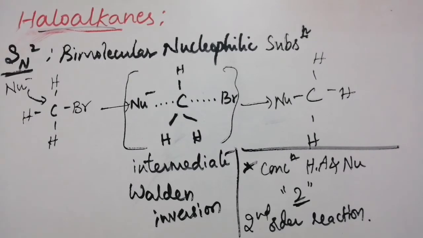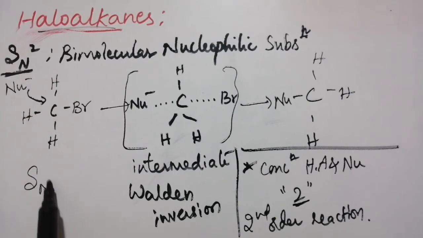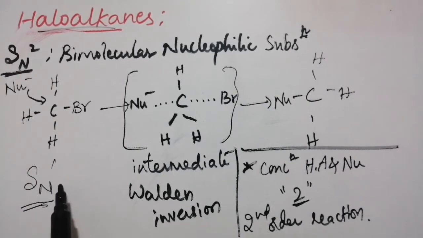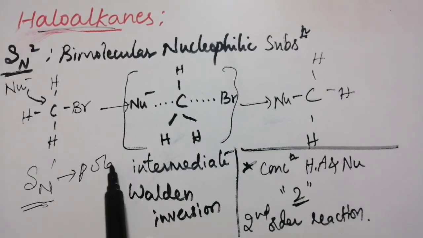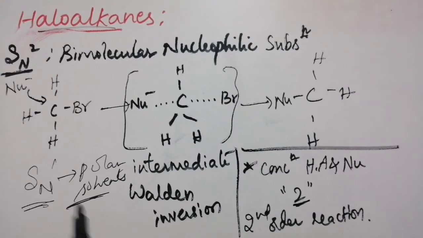So a major difference between SN1 and SN2 is that SN1 is first order and SN2 is second order. In SN1 the inversion of structure doesn't take place, but in SN2 the inversion of structure takes place. And one more thing: the SN1 reaction is favored by polar solvents, where there is separation of charge.